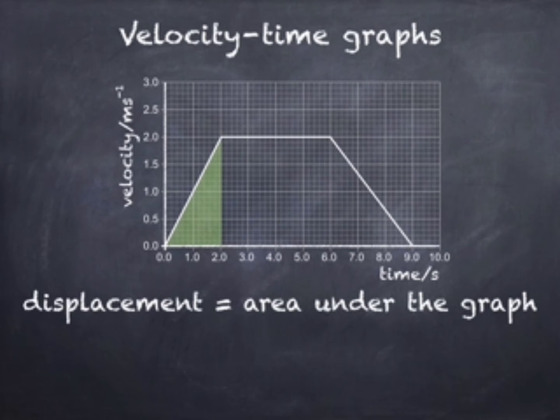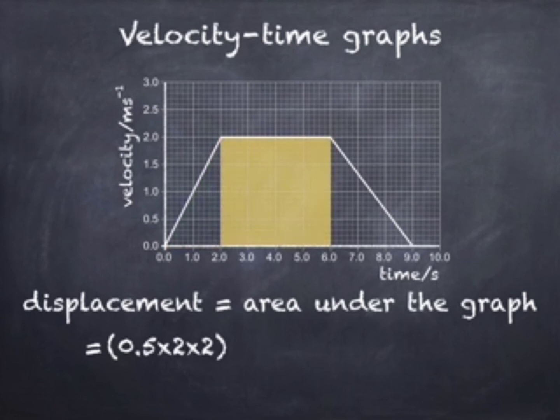For the triangle, the formula gives us half base times height. So the area of a triangle for the first part will be 0.5 times 2 times 2. For the second part, which is the rectangle, it is base times height. The base is 2 to 6 seconds, and the height is 2 meters.